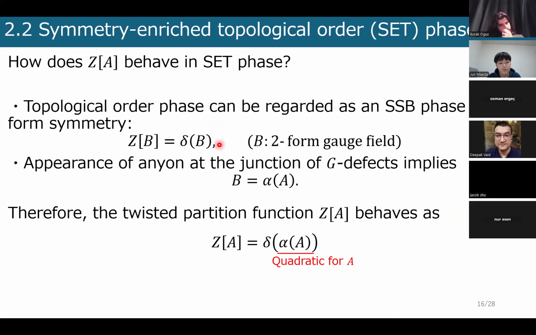Substituting this expression, we obtain the behavior of the twisted partition function in the SET phase. The point is that, unlike the usual SSB phase, in the SET phase the input of the delta functional is quadratic in A. For the SSB phase, the input of the delta functional is just linear in A, but here it is quadratic.